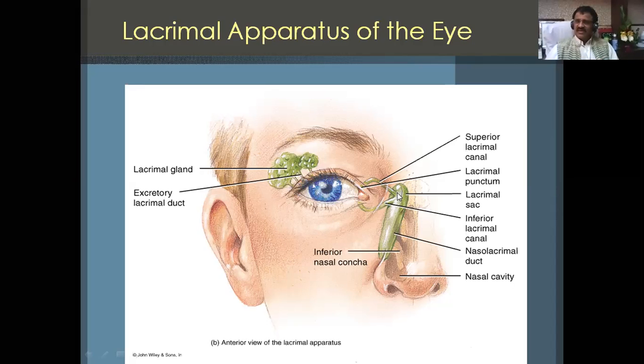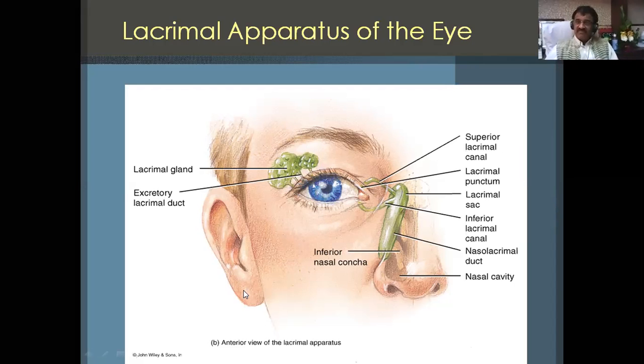And the nasolacrimal duct has a lacrimal sac here. This duct opens in the inferior nasal meatus, which is just below the inferior nasal concha that we have studied at the time of anatomy of the lateral wall of the nose.